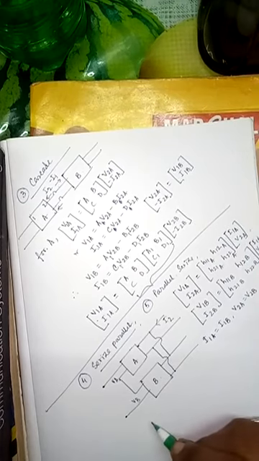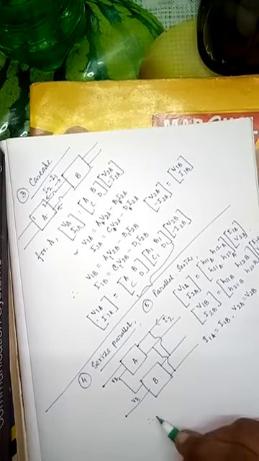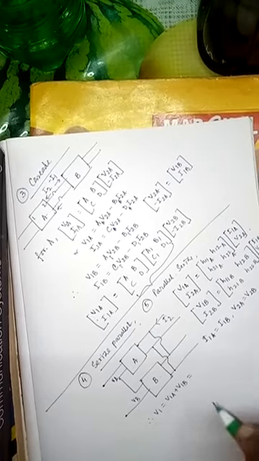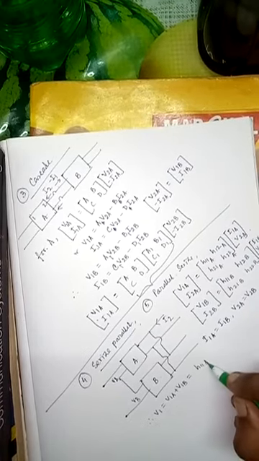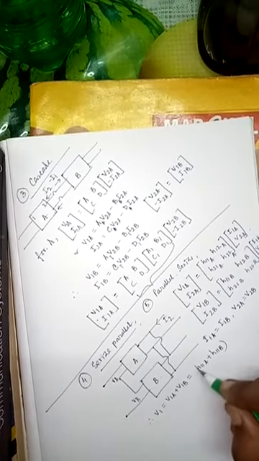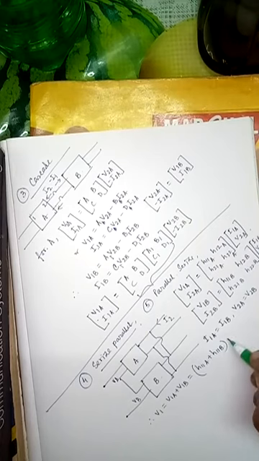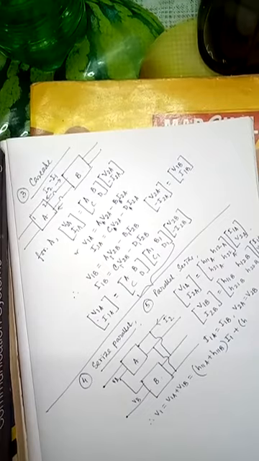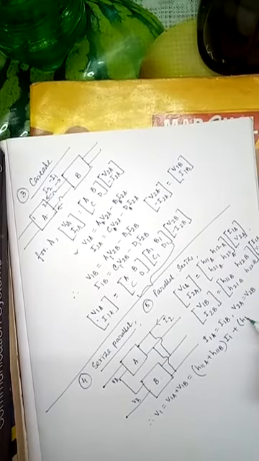Therefore, if you add them up, V1 equals V1A plus V1B, that equals (H11A plus H11B) of I1 plus (H12A plus H12B) of V2.